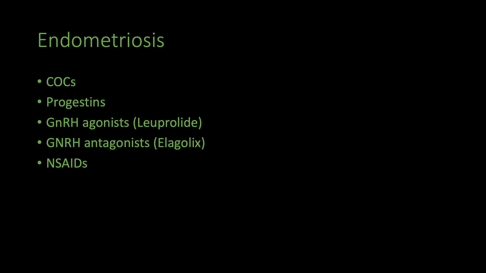Endometriosis is usually where there's an overgrowth of tissue outside of the uterus when it normally grows inside the uterus. So we're going to look at some of these medications as they play a role in the mechanism of action of treating endometriosis.